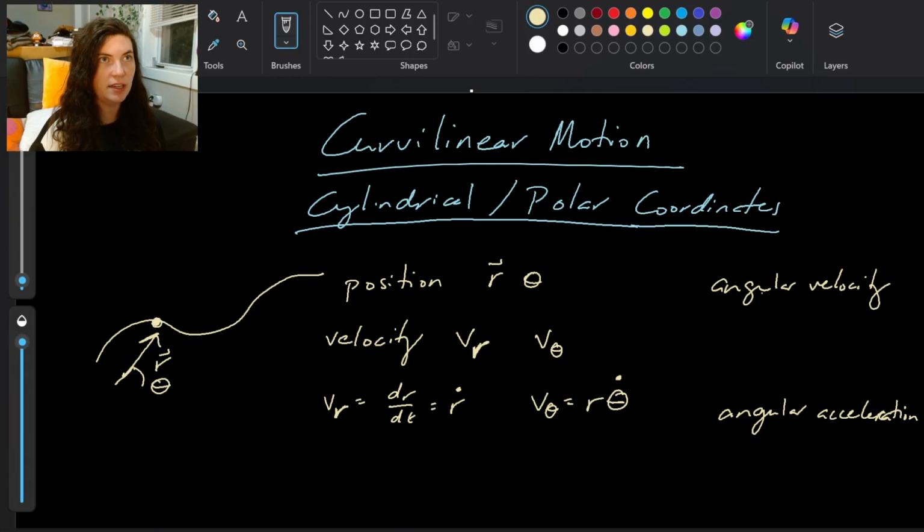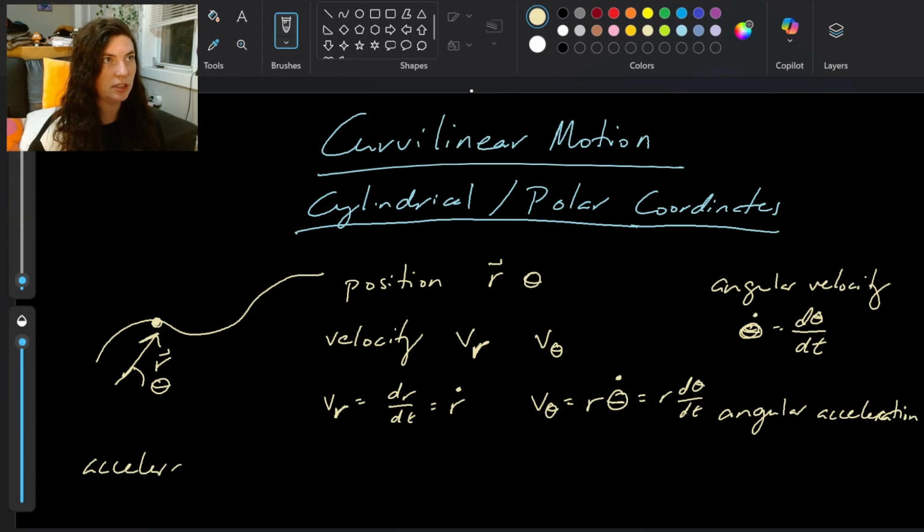And this theta dot is the angular velocity, d theta dt. That is angular velocity, and that's your really big tip-off to use these equations. So that's r d theta over dt.